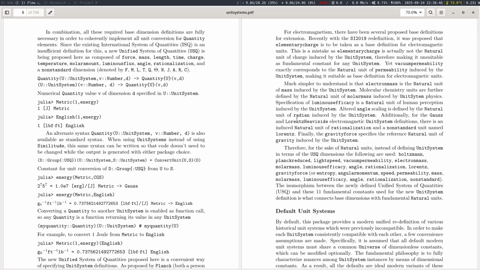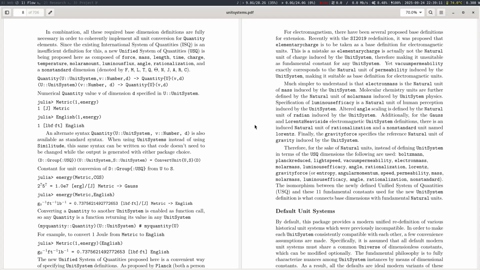Additionally, for the Gauss and Lorentz-Heaviside electromagnetic unit system definitions, there is an induced natural unit of rationalization and a non-standard unit named Lorentz. Finally, the gravity force specifies the reference natural unit of gravity induced by the unit system.